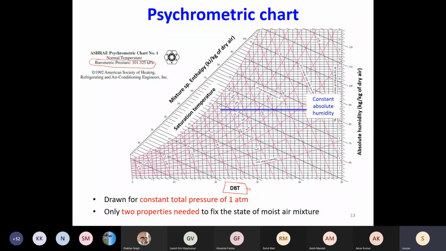It's not as if the nitrogen and oxygen is at some temperature and water vapor is at some other temperature. So as long as the mixture property is concerned, you have perfect equilibrium in terms of temperature across all the components of the air. So when I say dry bulb temperature of the air is 30 degrees, it means the temperature of water vapor present in the air is also 30 degrees.